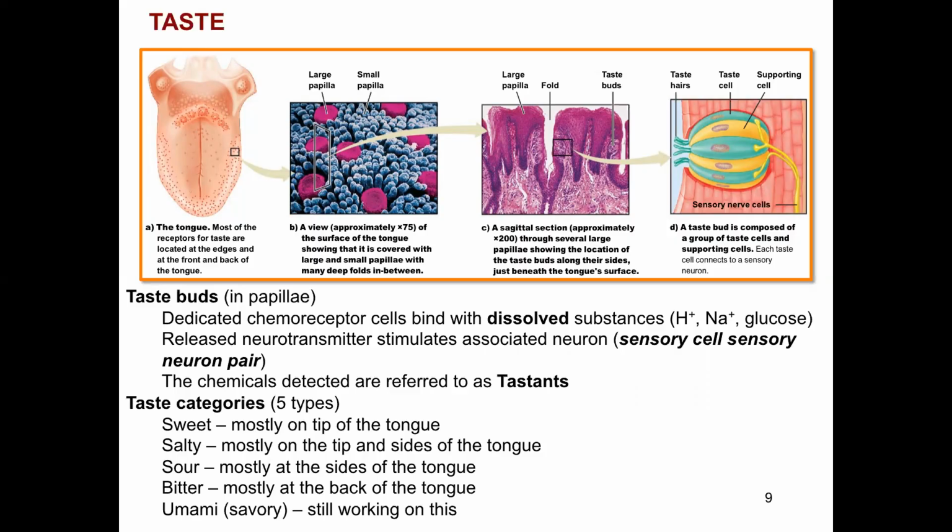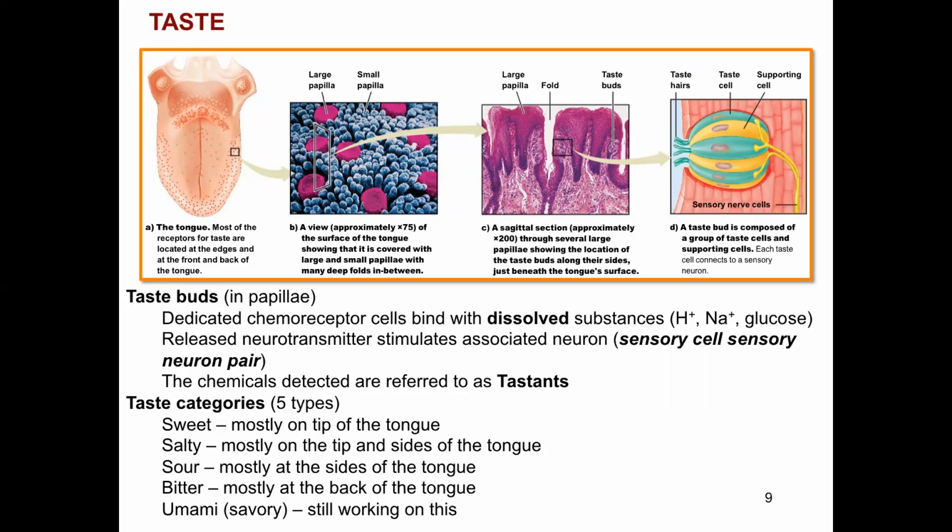So they're actually sensing a chemical, all right? They're not sensing sweet, they're sensing glucose. And salty, they're sensing sodium. For sour, they're sensing acid, okay? So the hydrogen ions. Bitter is a structure that stimulates that. There's a few things that have that structure.